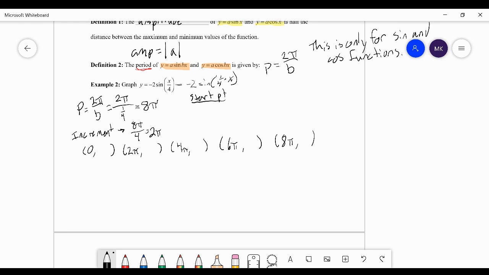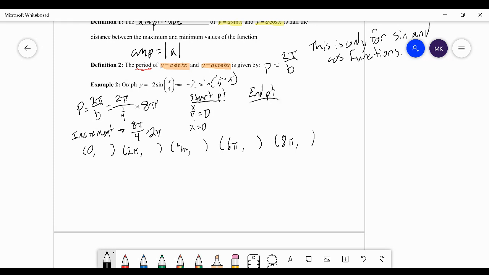I want to take what is inside of our sine function and set that equal to 0. So I'm going to take x over 4 and set that equal to 0, and that's true when x equals 0. Then I want to find our end point.